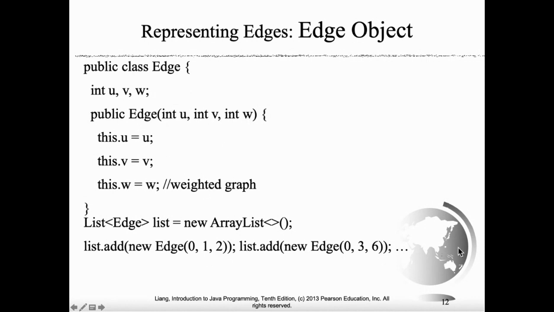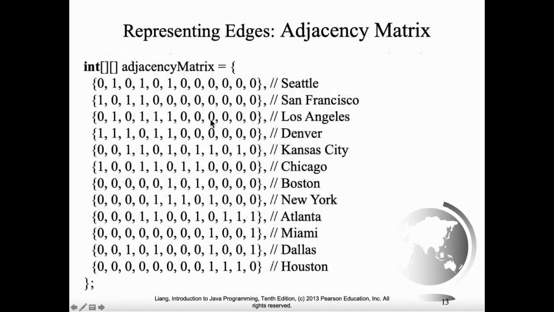If there is no weight, you can just leave it at 0, and that is a good option as well. But if you have an undirected graph where 0 to 1 and 1 to 0 are the same, with no specific direction and no weight, then this is just wasting memory because objects are expensive.